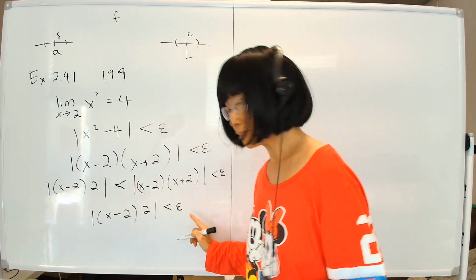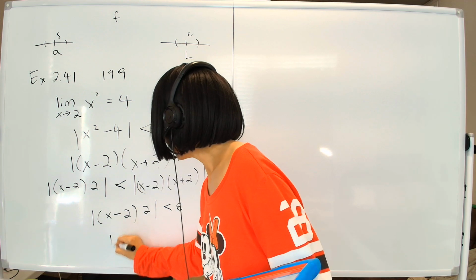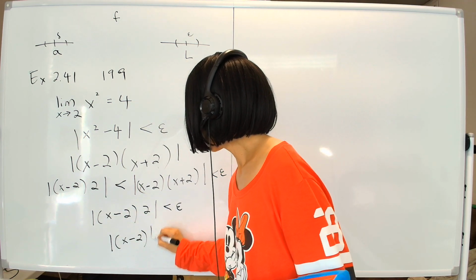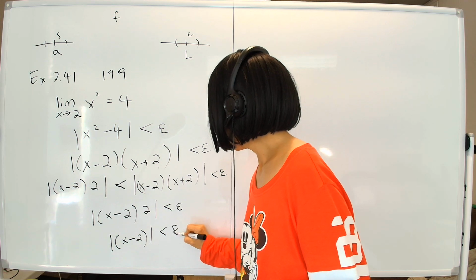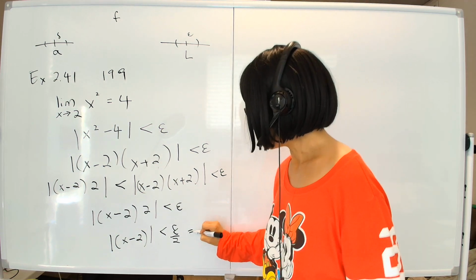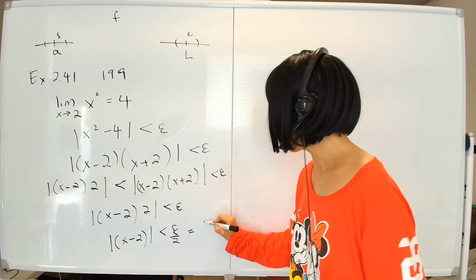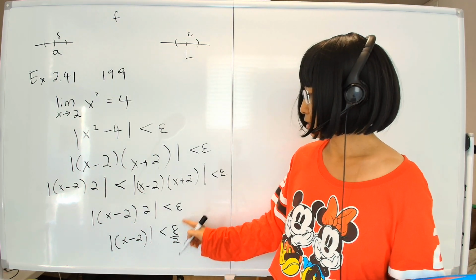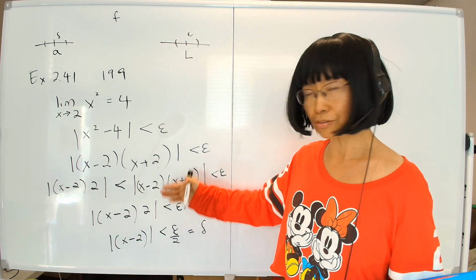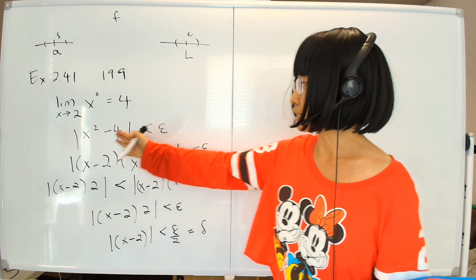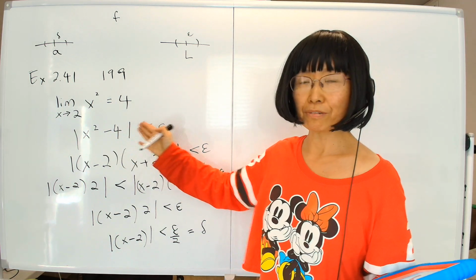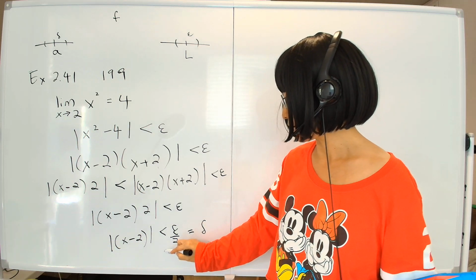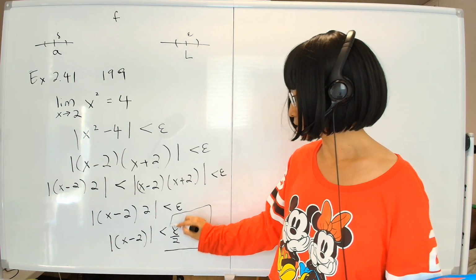So let's divide both sides by 2, and then x minus 2 is less than epsilon over 2, which we will set delta to be. Because if delta is equal to epsilon over 2, then all these inequalities work backwards, and x squared will be within epsilon of 4. So that is your answer. We'll set delta equal to epsilon over 2.